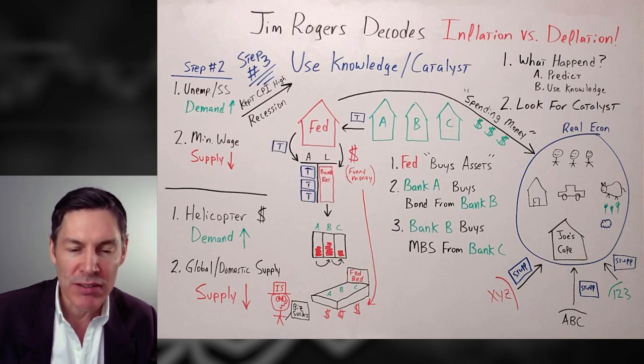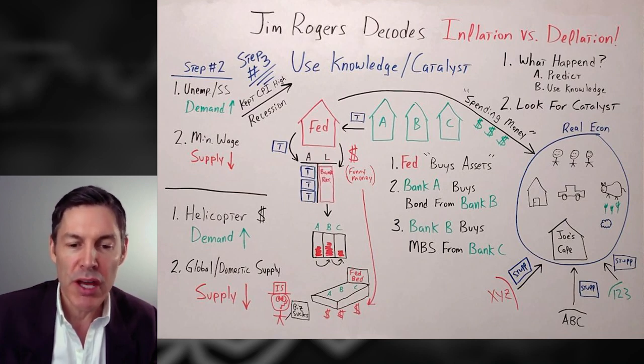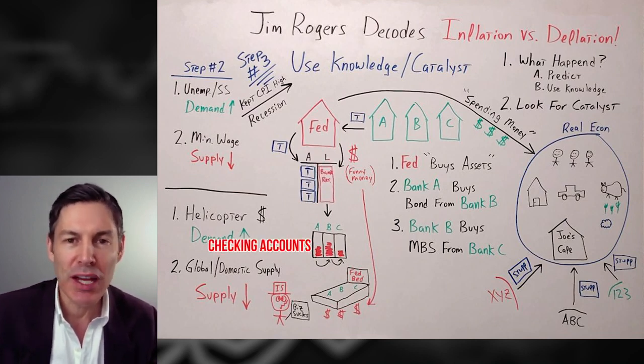On the liability side of their balance sheet, the Fed prints up or creates funny money, or bank reserves, that it deposits into the account of the bank that sold them the treasuries. Let's remember, the liability side of the Fed's balance sheet is these bank reserves, and they look just like bank accounts or checking accounts that you have with Wells Fargo, Chase, Bank of America, whatever.